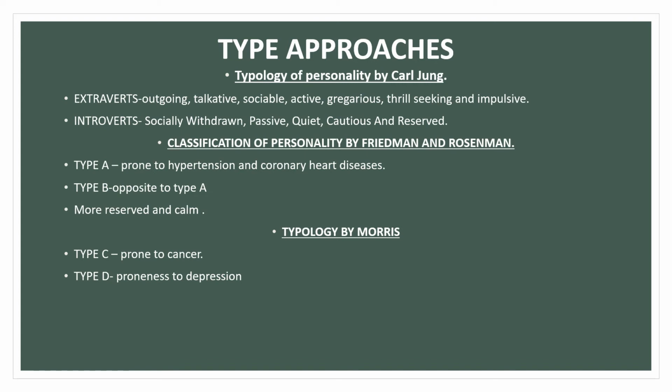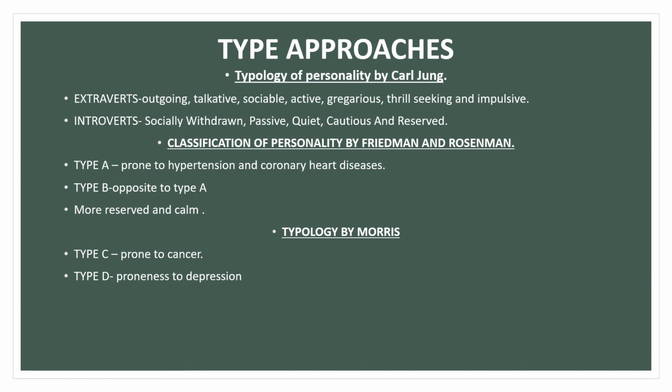People with type A personality are more vulnerable to problems like hypertension and coronary heart diseases. They are at risk of developing high blood pressure, high cholesterol levels, or smoking. The other type of personality is type B, which means the absence of type A traits.